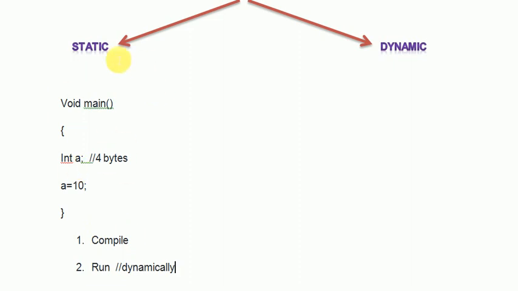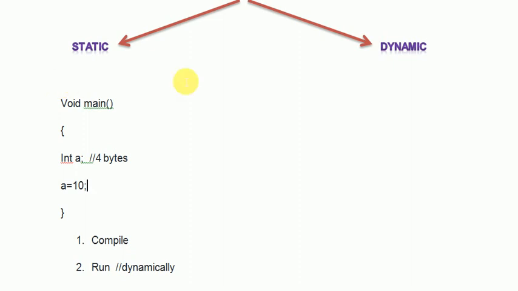Let us see this. Now suppose the memory allocated at compile time is not sufficient, then we cannot increase the size of the memory. Suppose we have allocated memory for 5 records, but now we require 10 records, then the memory can't be increased if we allocated memory statically.